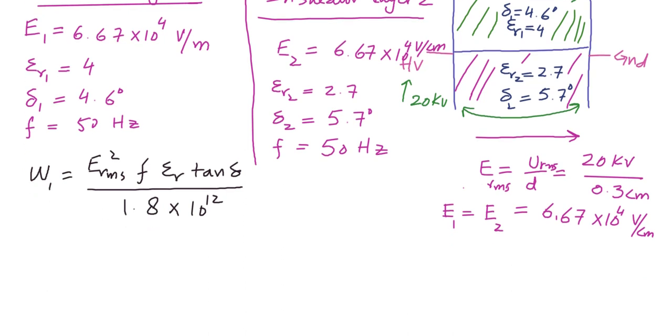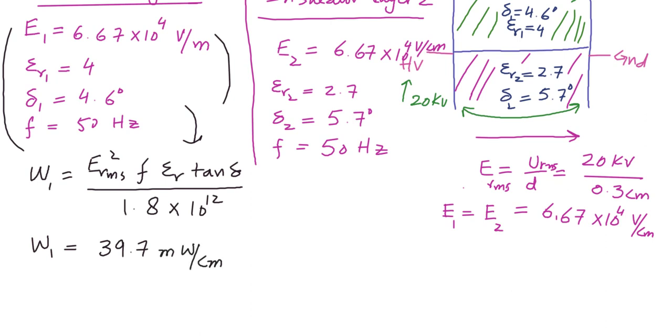So we will plug all these values here and we will get W1 equal to approximately 39.7 milliwatt per centimeter cube.